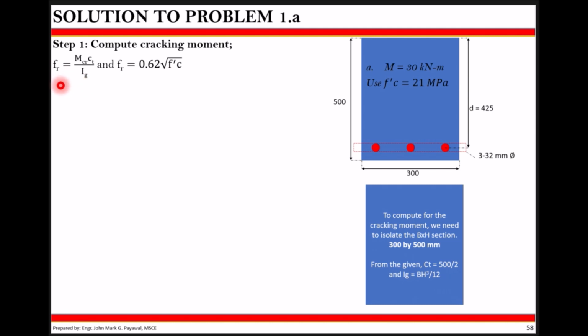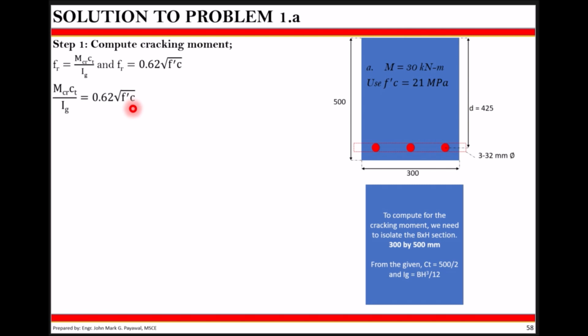From the bending stress of modulus of rupture, fr is equal to Mcr Ct over Ig, and your fr from your NSCP is equal to 0.62 square root of fc prime. Ito dapat may lambda, pero dahil hindi naman niya in-specify, we will assume right away that we are using 1.0 for the factor.